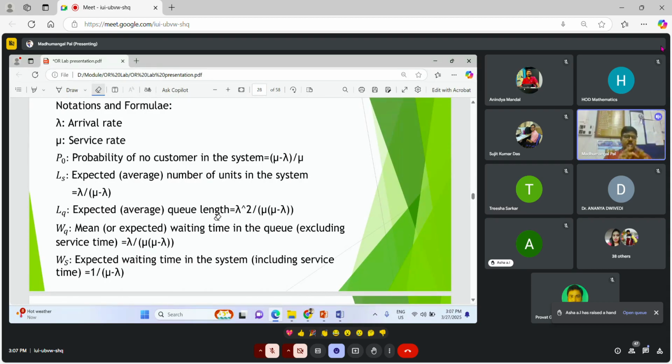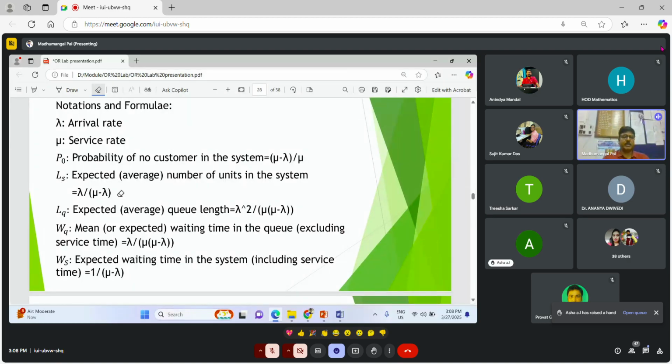Queue means only the number of customers standing in the queue, and system means the number of customers standing in the queue as well as the customer taking the service from the service point. So LQ means only the customers standing in the queue, and LS means the customers in the queue as well as those getting the service.